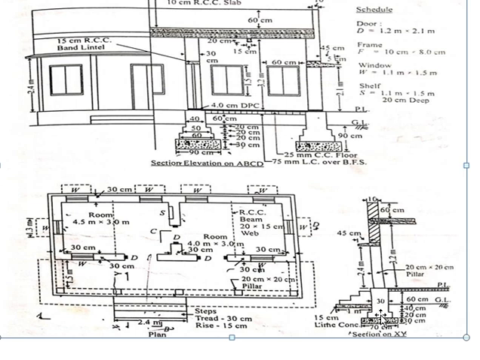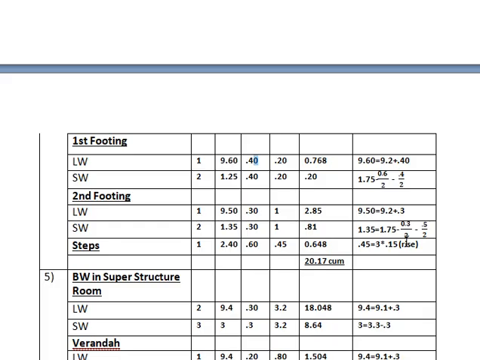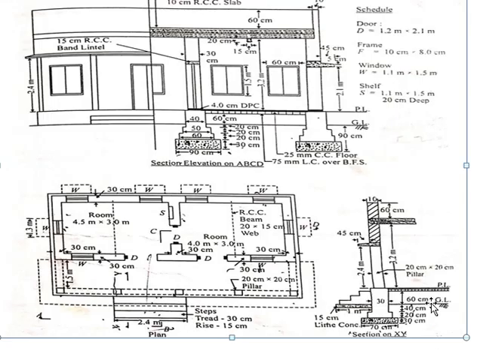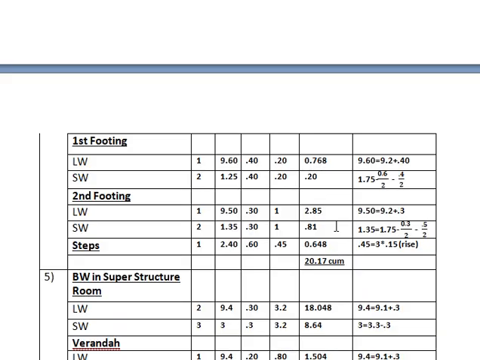So here how we will calculate the length for the short wall: 1.75 minus 0.6 by 2 minus 0.4 by 2, and you will get it here 1.25. 0.40 is the width, 0.20 is the depth, as you can see it here. 0.20 is given here, so multiply them and you will get the quantity.